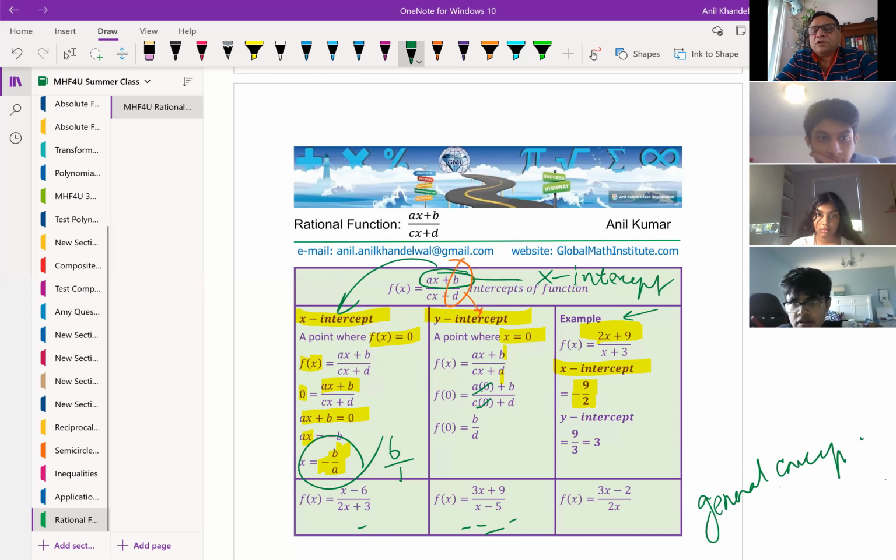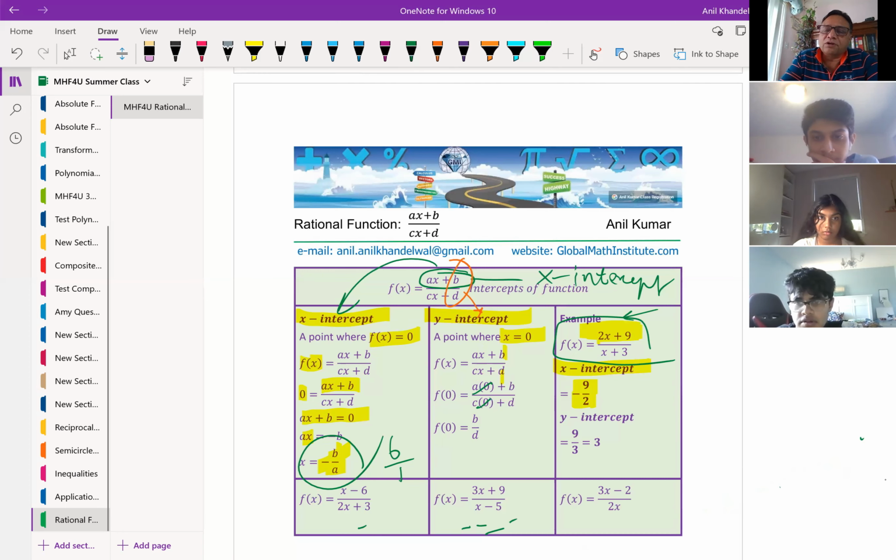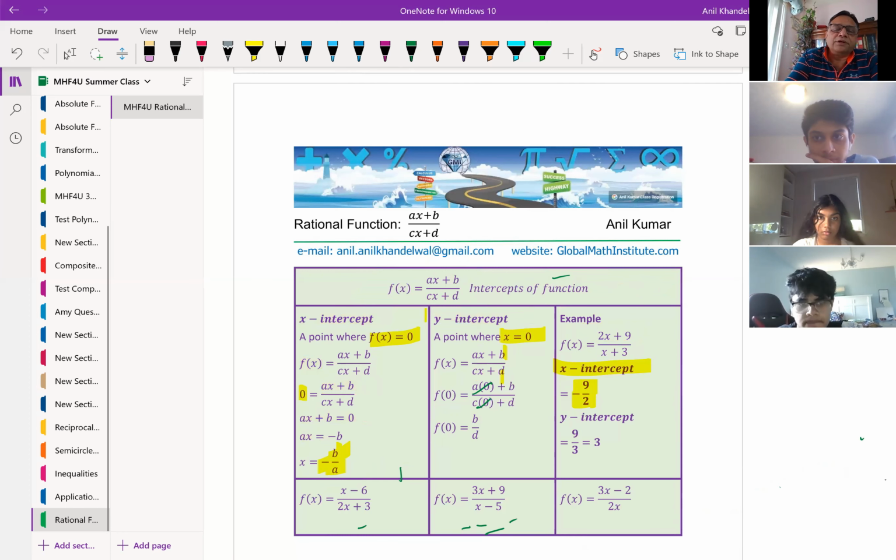So you are given this function, you need to find the x and y intercepts. Put the numerator equal to 0 to find the x-intercept, and put x equals 0 to find the value of the y-intercept. Is that clear to you? Go with the basic concept. I'm not saying remember the formula, but I'm showing you that these results could help you later.